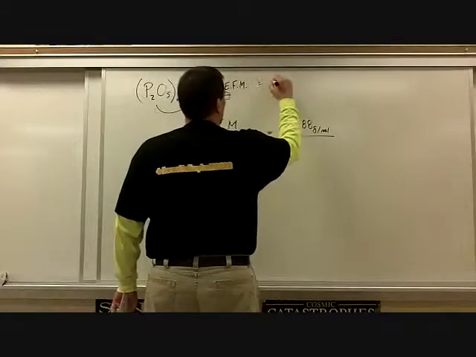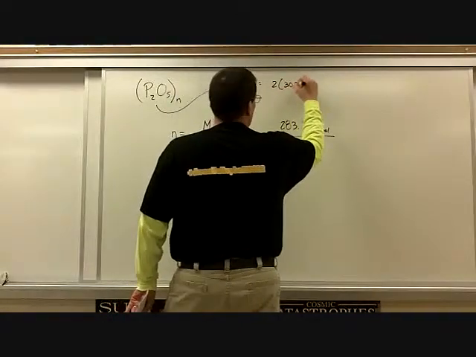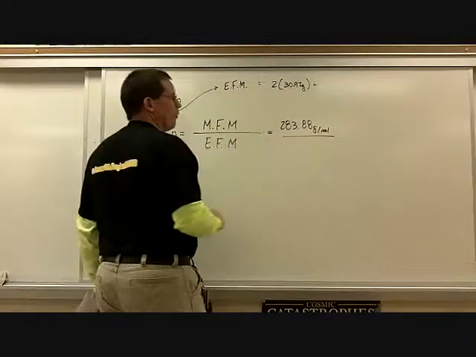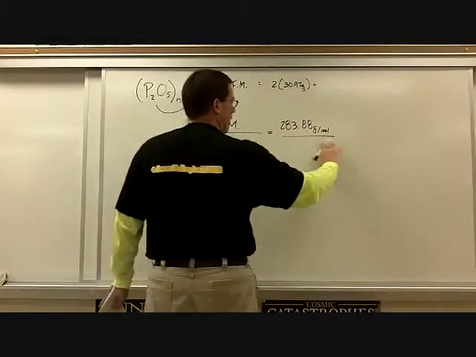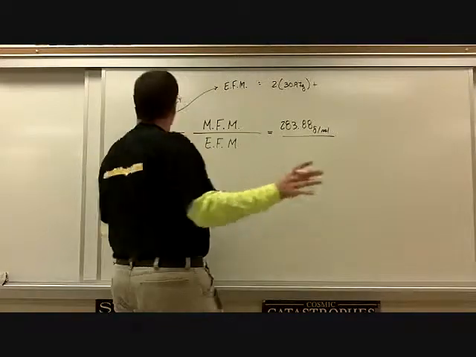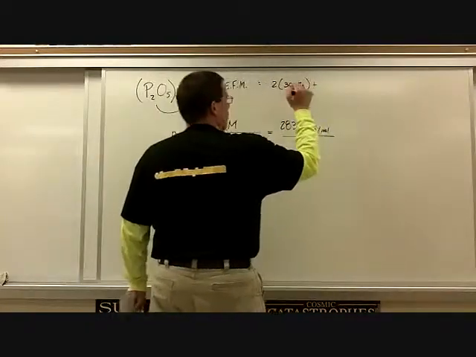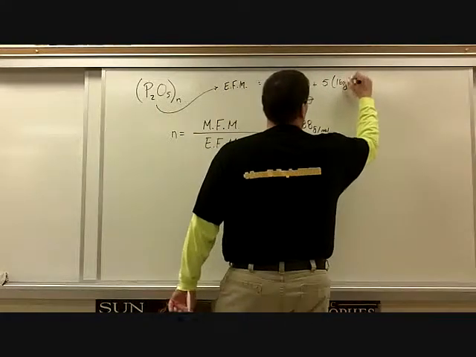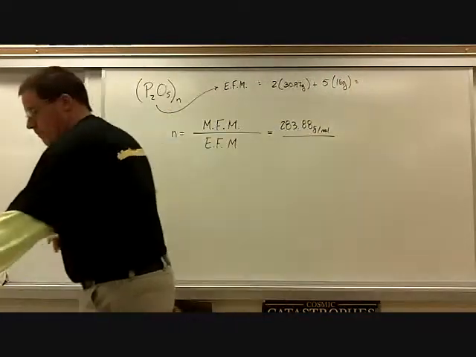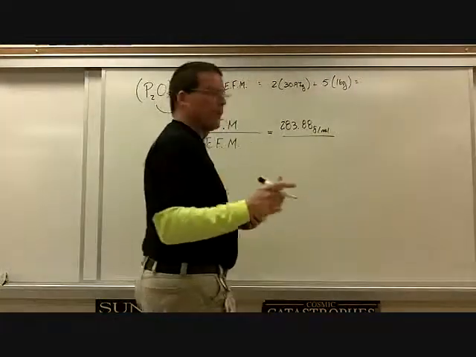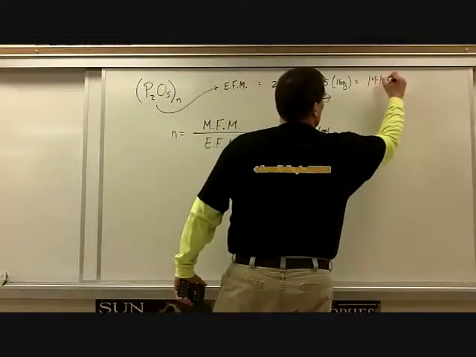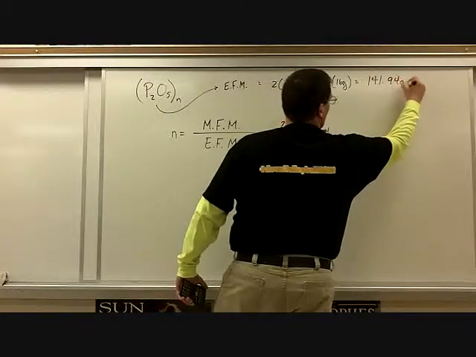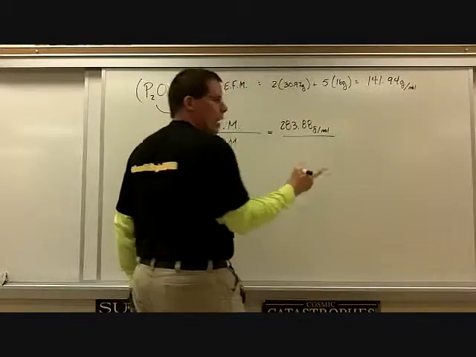We have 2 phosphorus, which is 30.97, and then I'm going to add that to 5 times 16. I'm going to find the empirical formula mass first. I don't want to put all that work down here, but you can if you want. That gives us 141.94, and that is the empirical formula molar mass.